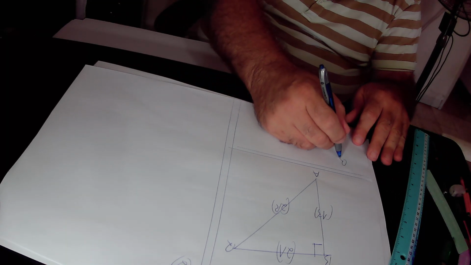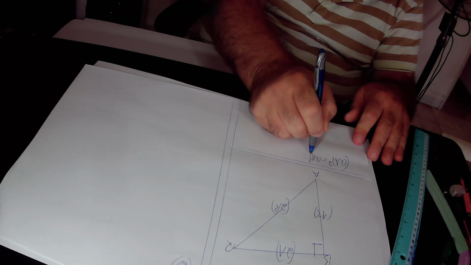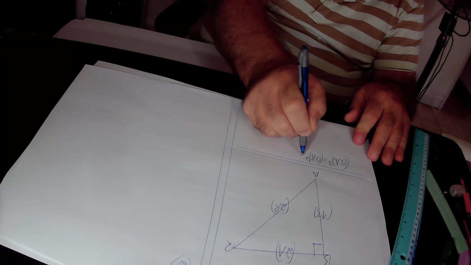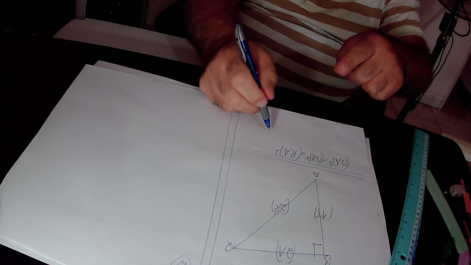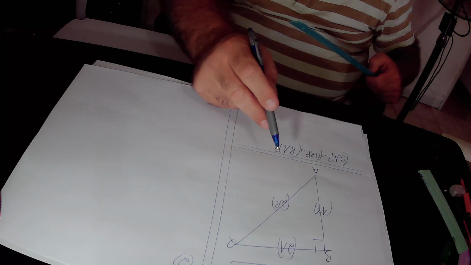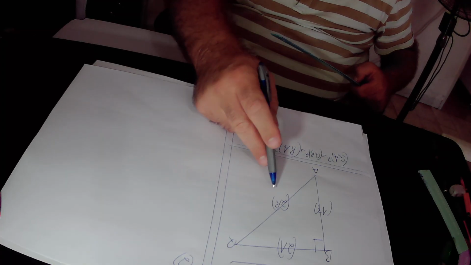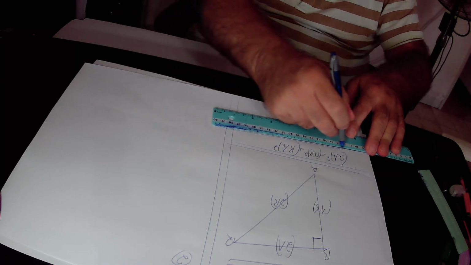QA squared must be equal to QB squared plus BA squared. QB is 21. QA is 2r, therefore QA squared is 2r squared, that is 4r squared.